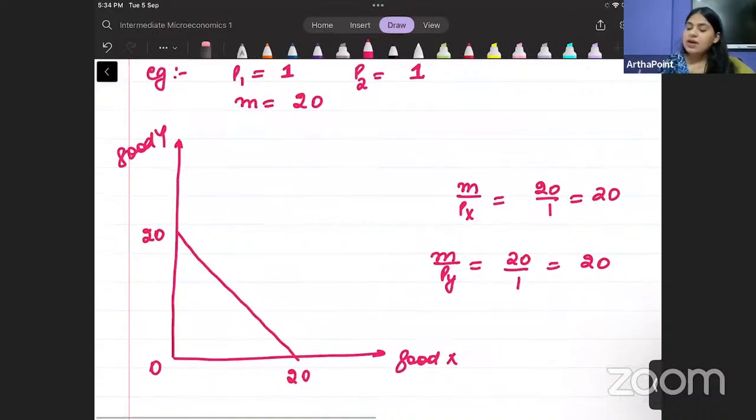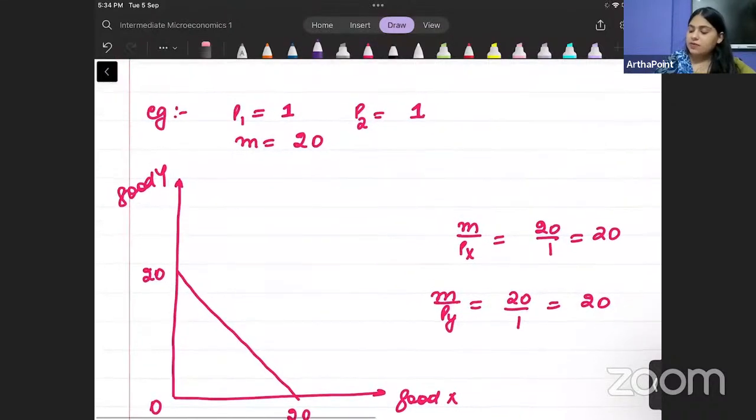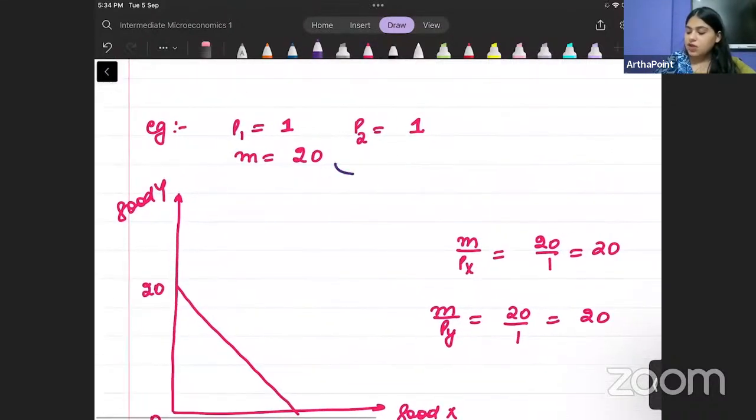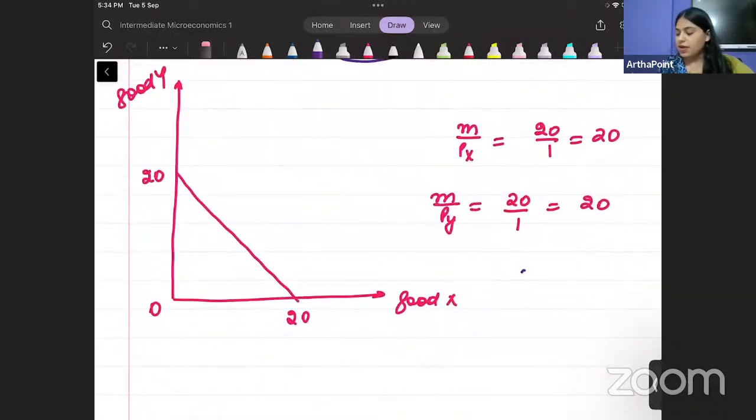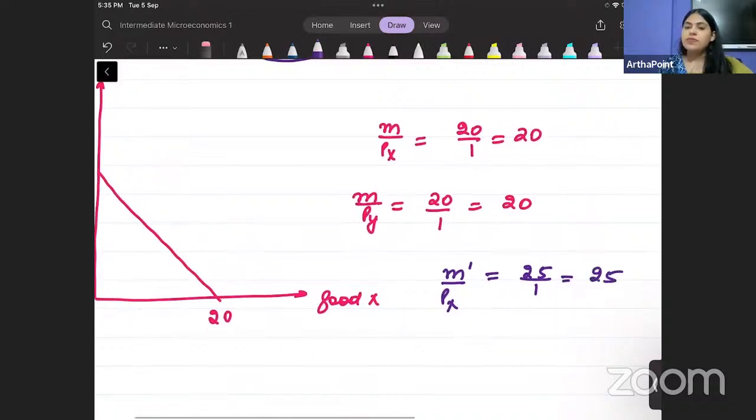Now I am asking what will happen when your income increases to 25. What will be your x-axis intercept now? M by px, but income is 25 now, so 25 by 1, which means 25.